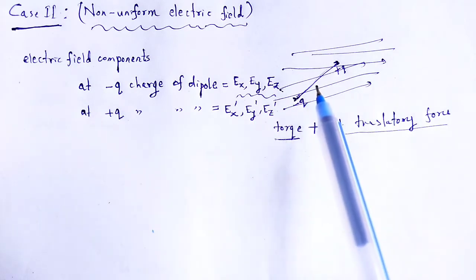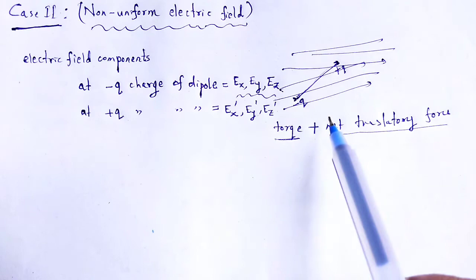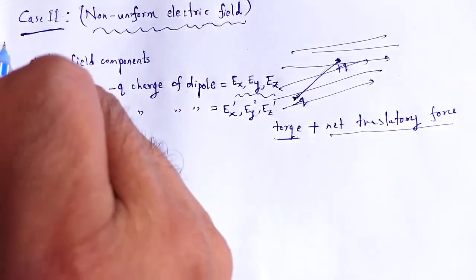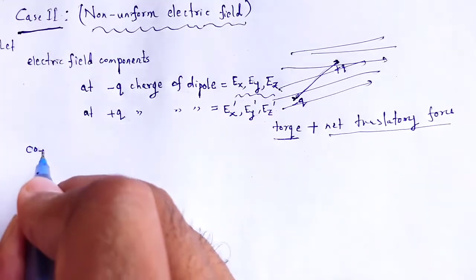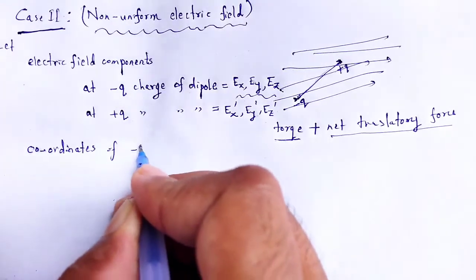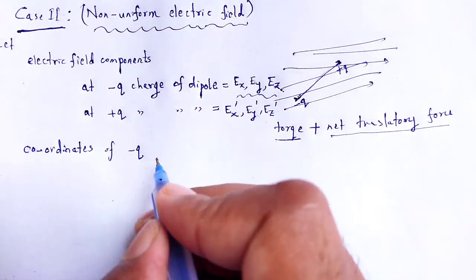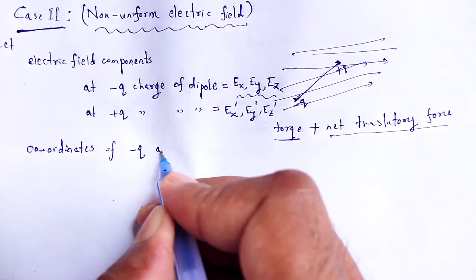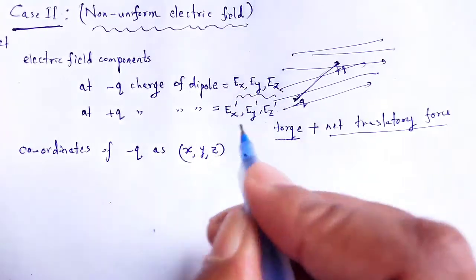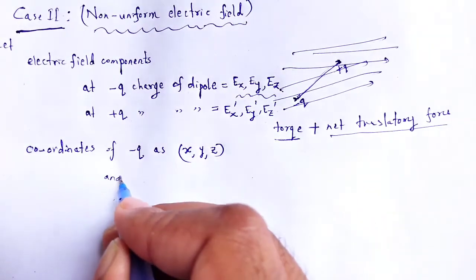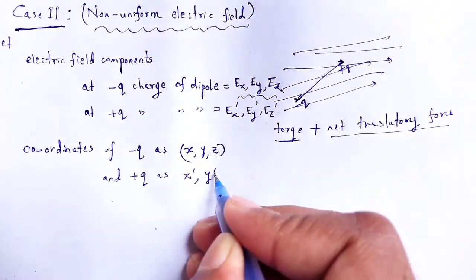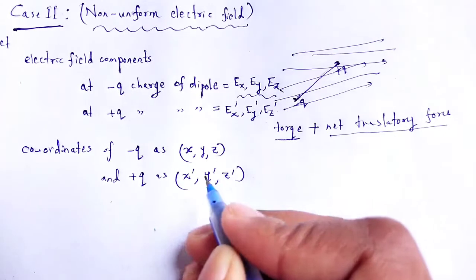And let the coordinates of minus q be x, y, z, and for plus q be x dash, y dash, z dash.